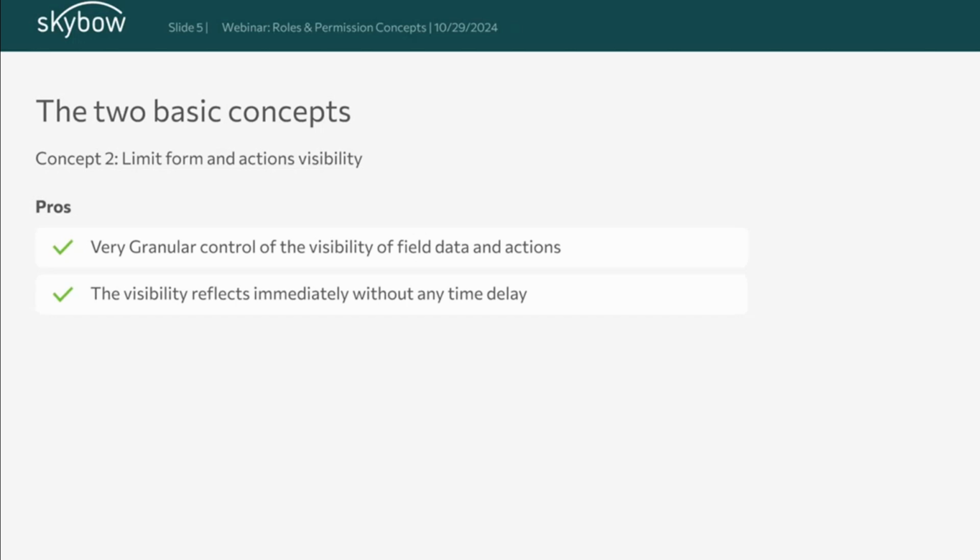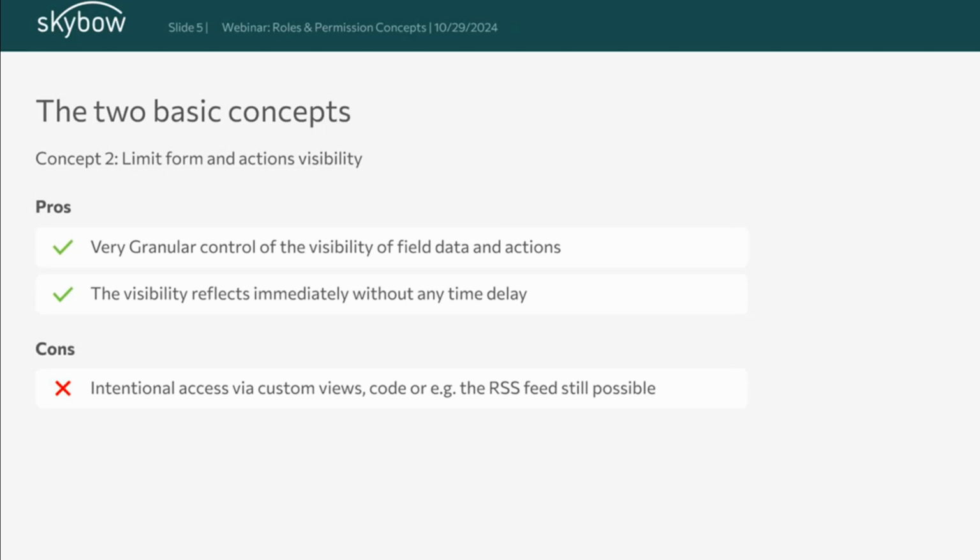It reflects immediately. As soon as the metadata or whatever group you specified is there, it's visible, or it's not visible anymore. But here we also have some downsides, because it's not real permission.